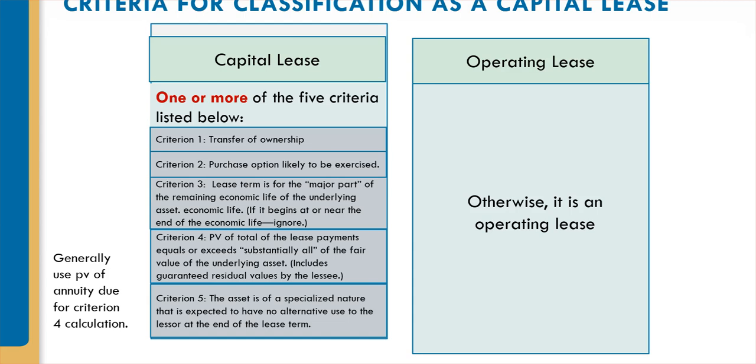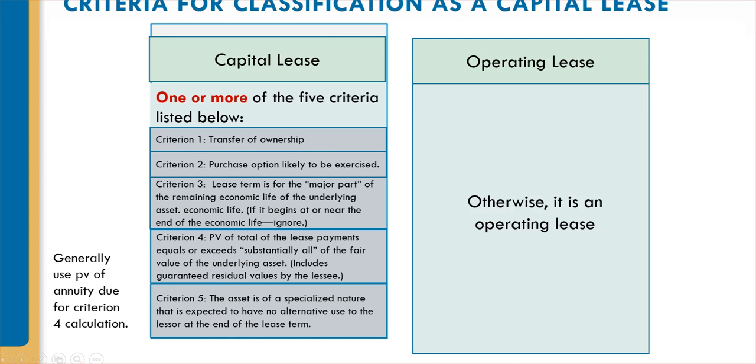Value at the end of the rental period applies to 3, 4, and 5. Right? These are ways of looking at value. So that is why we have the criteria. It does not have to meet all 5. It doesn't have to meet but one of those. And if it does not meet any of these 5, we will call it a rental. And the other word for that is operating lease.